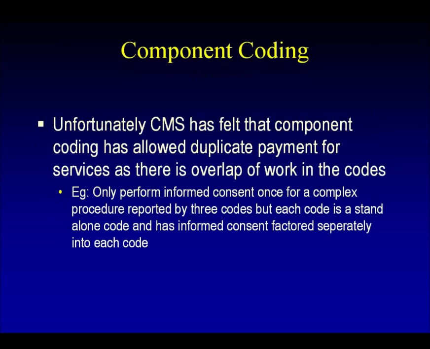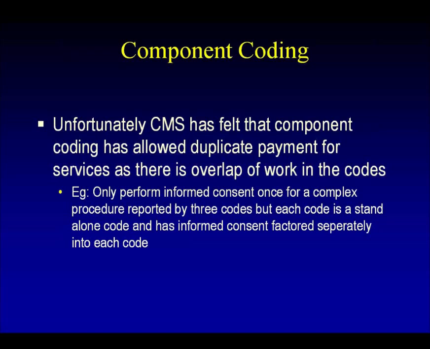Unfortunately, CMS looked at this after some time and felt that component coding allowed duplication of payment for services that overlap. What do I mean by that? If you have 3 standalone codes, for instance angioplasty, stent, and angiography, each went through the evaluation process, including informed consent for the patient.